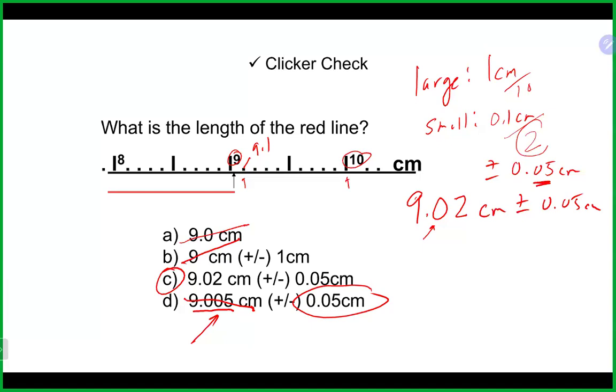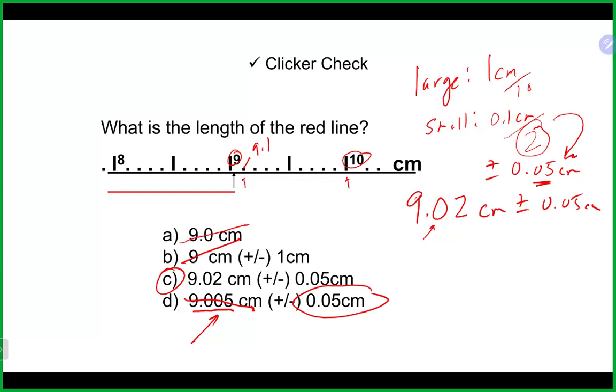Are you talking about this too? Yeah, so basically to figure out, for example, the plus or minus, or how far you can take the reading, the tolerance. Sometimes people call it the uncertainty. Sometimes people call it the precision. Sometimes people call it the error in the measurement. You can take the smallest markings and divide it by 2. And that's how you get the plus or minus part of that.